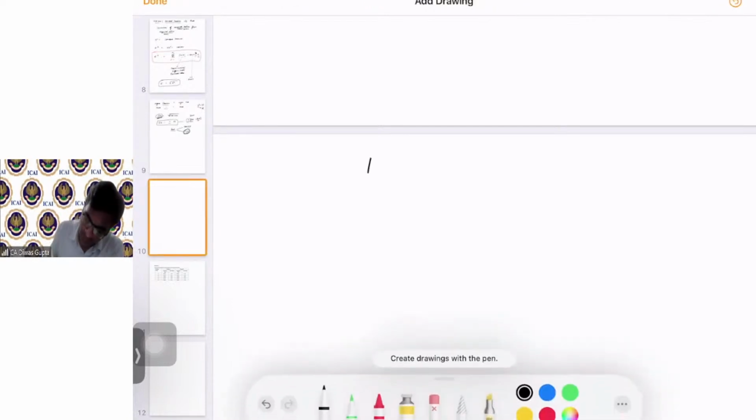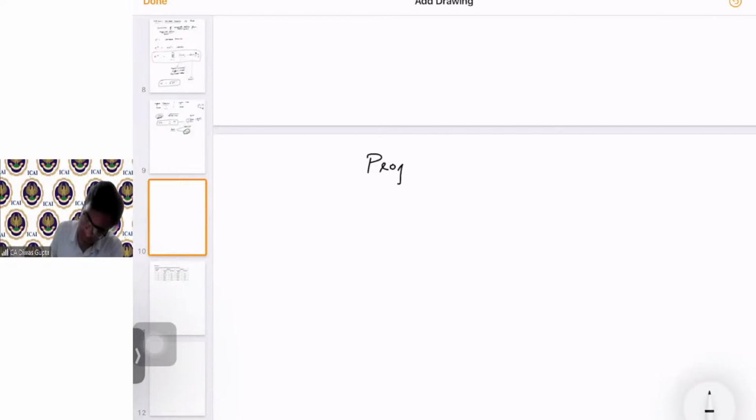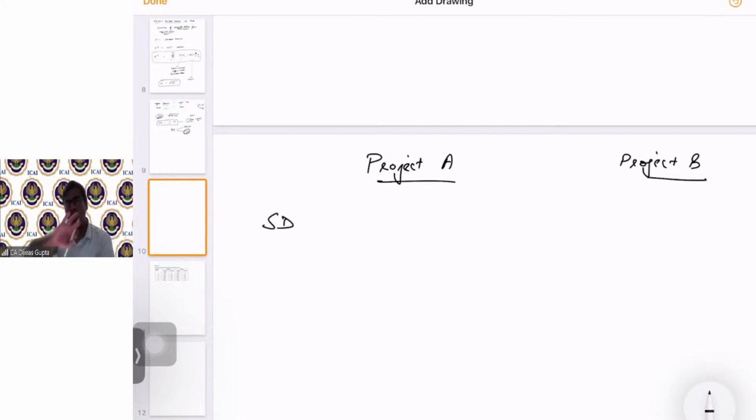There are two projects, project A and project B. For all my future discussion, I will restrict risk as standard deviation. Okay, I will say that risk is standard deviation. So standard deviation is given for project A as plus minus 100. Project B is given as plus minus 120.